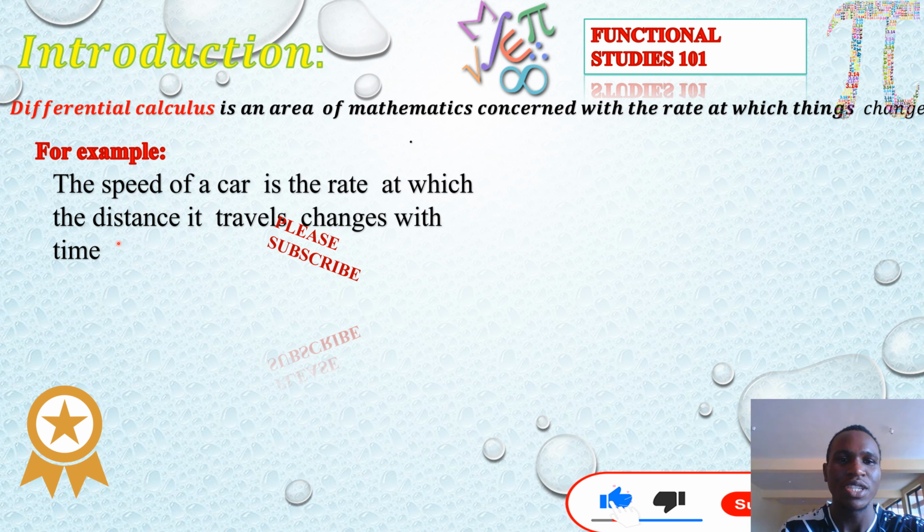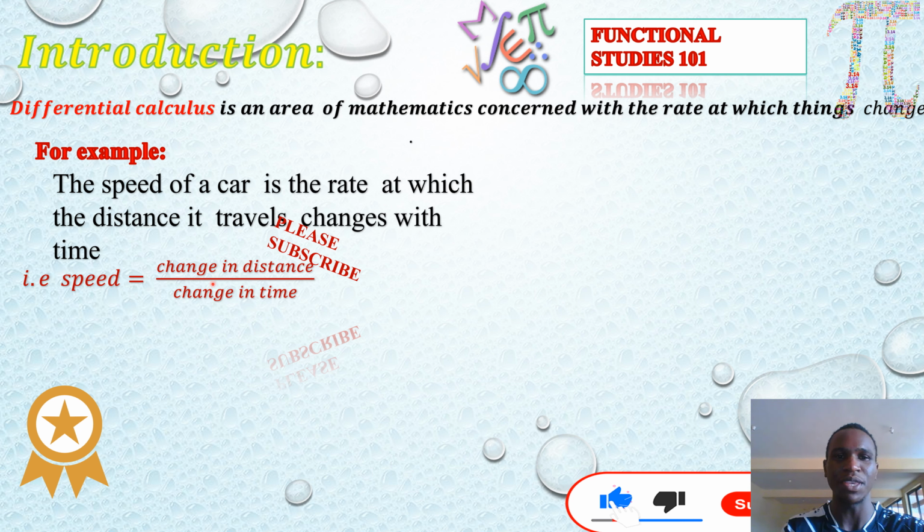The rate at which the distance traveled changes with time for a particular car. If you want to write it mathematically, speed is equal to change in distance over change in time. So it is a rate at which distance is changing in time, that is the speed.